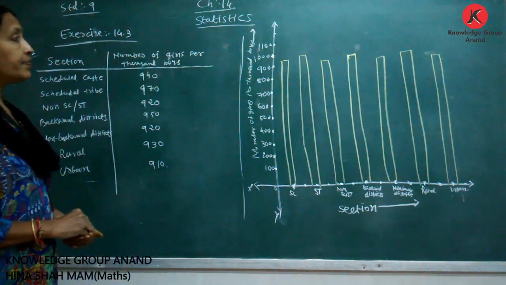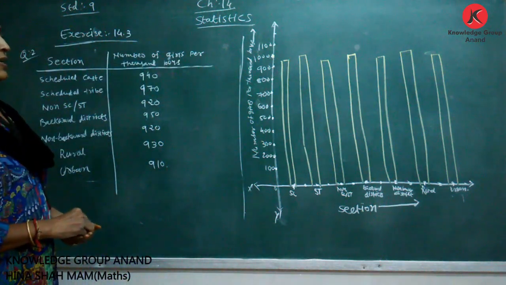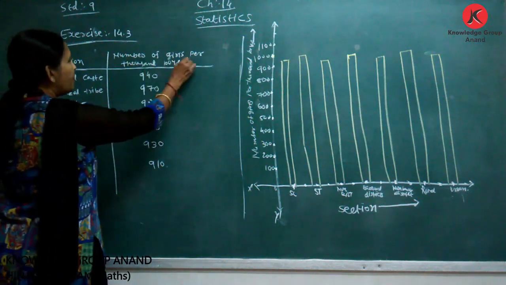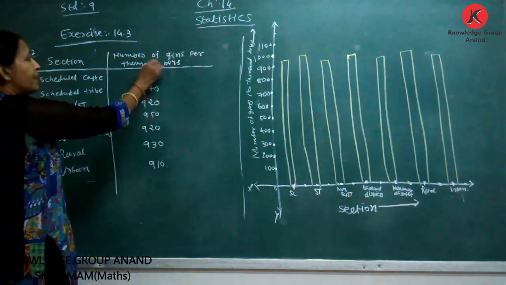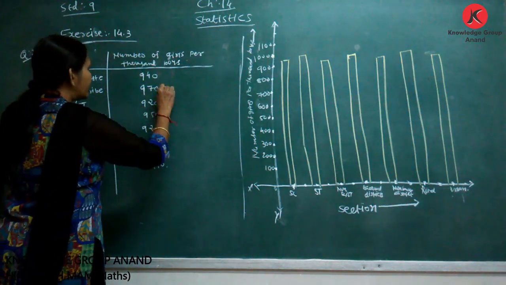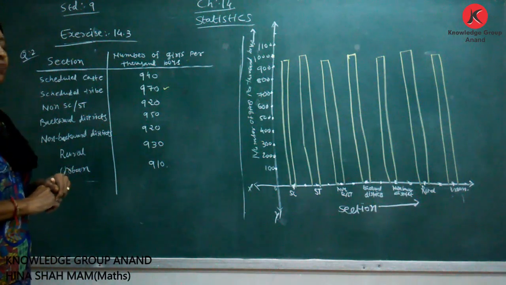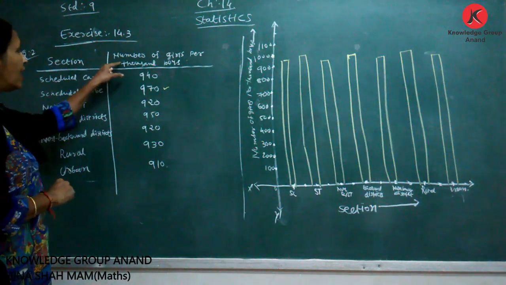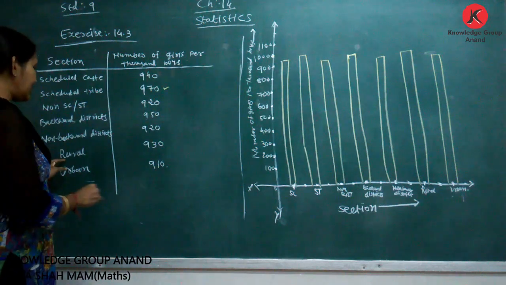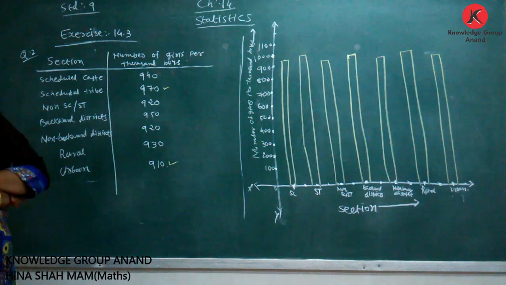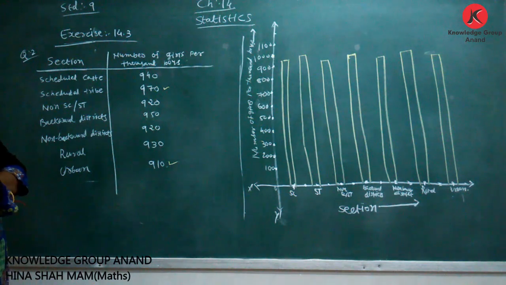From this, what conclusion can we say? We say that the maximum number of girls per 1000 boys is in scheduled tribe, and the minimum number of girls per 1000 boys is in the urban section.